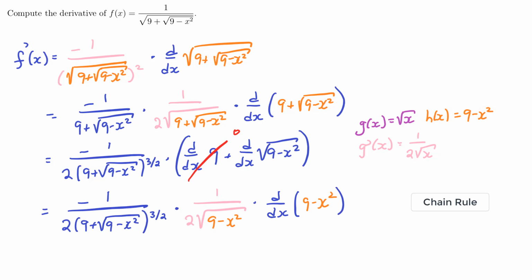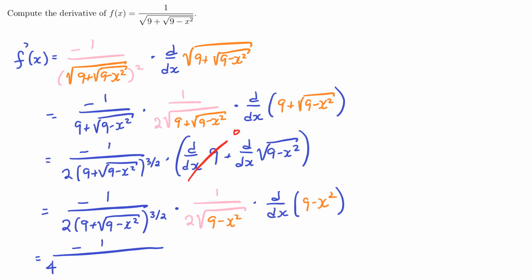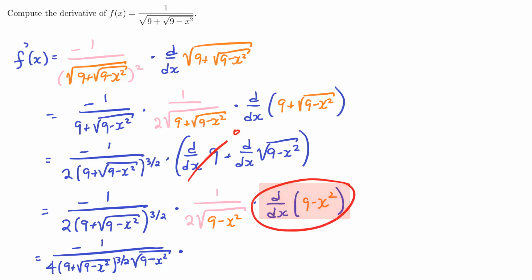Now we have f prime of x is equal to -1 over 4 times 9 plus square root 9 minus x squared to the power 3/2 times the square root 9 minus x squared, multiplied by this derivative here. Now, using the difference rule, this is equal to the derivative of 9 minus the derivative of x squared.